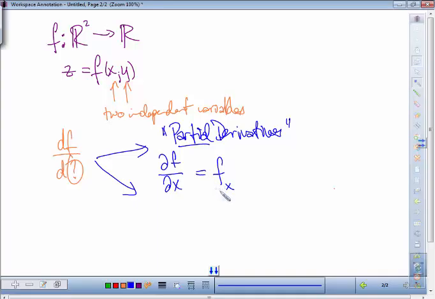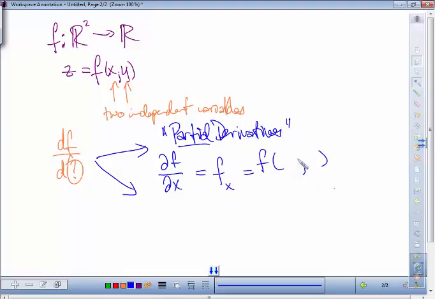So although this is an easier notation, a lot of times you see the Leibniz notation in many different contexts. So let's be flexible and be able to do both. And by definition, this deals with two variables. So your f has two variables.